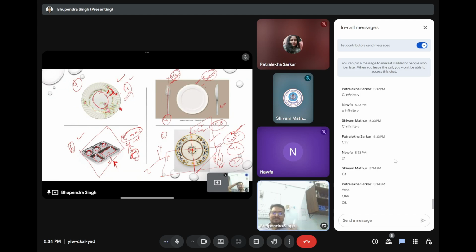This knife, point group of knife. Yes, okay.